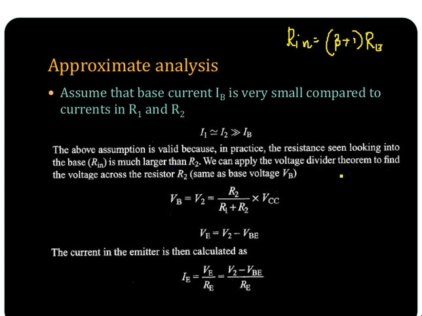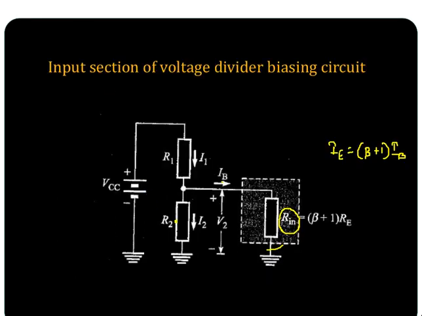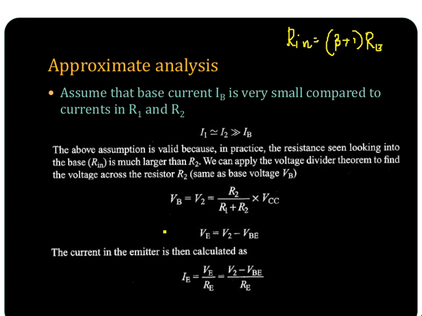Therefore, we can apply the voltage divider theorem to find the voltage across R2, which is the base voltage, I2 R2. You represent that as VB, which is equal to V2, and it is VCC into R2 by R1 plus R2. This is a voltage divider circuit.